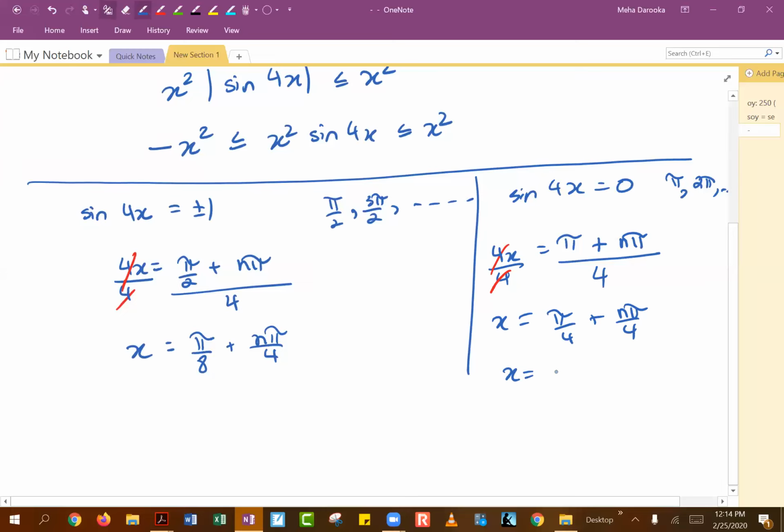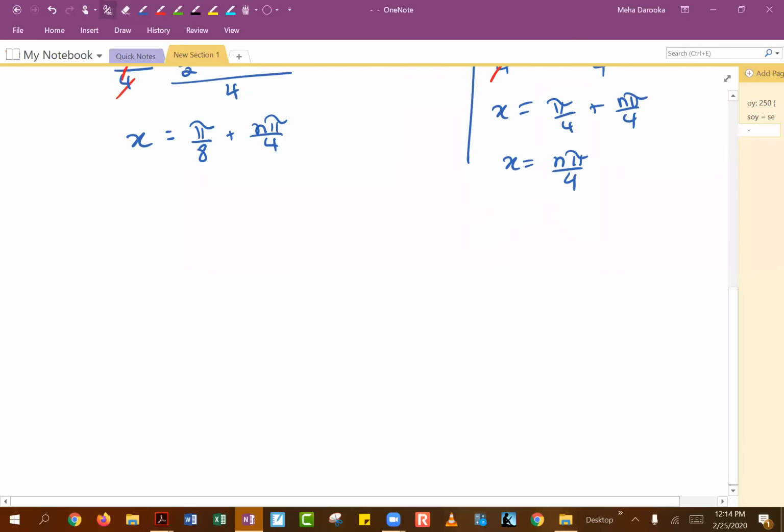So you can actually just write this as n pi over 4. Because if n was 0, this thing would disappear and you would have just pi over 4, but if n was 1, then you're automatically getting a pi over 4. So this actually becomes redundant if you leave it that way. So it just cleans up into n pi over 4.